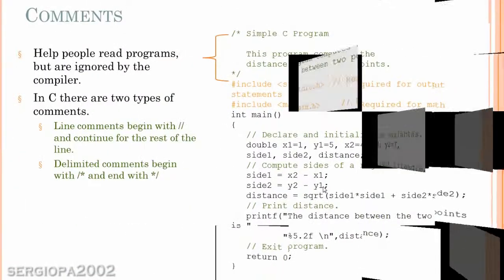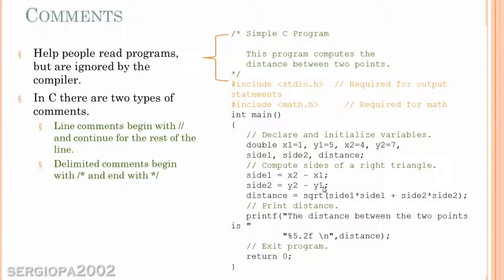So the first section, the comments that are in green, are really there to help people reading your program and are completely ignored by the compiler. And computer code is read by the compiler, or by the computer, like you would read a book, from top to bottom, left to right.